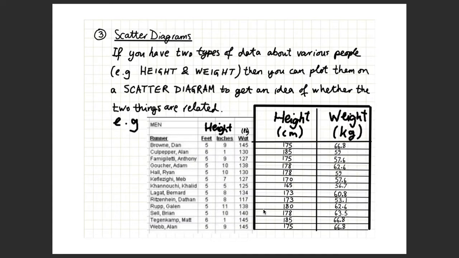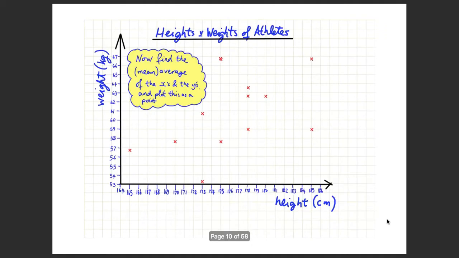Scatter diagrams. So we've done this in class. 2 types of data about various people, e.g. height and weight. Then you can plot them on a scatter graph, or a scatter diagram, to get an idea of whether the two things are related. So here are some athletes and their heights and weights in metric measurements. So we had all the data there, and I plotted that on a scatter graph. And I said, now find the mean average of the x's and the y's and plot this as a point.